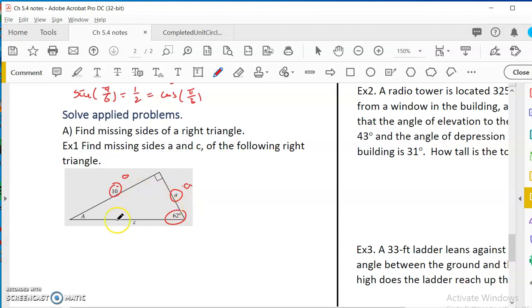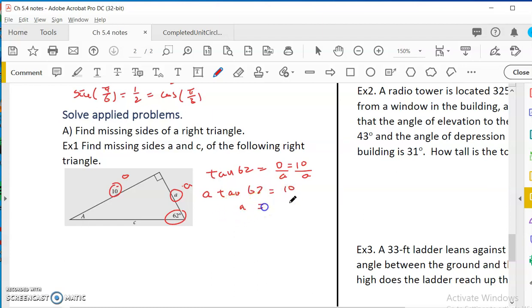So this is A, this one is O. What is OA? It's TOA, right? SOHCAHTOA, TOA. So that means I use tangent. Tangent 62 would equal opposite over adjacent, O over A. A is the missing one. This is equal to 10 over A. So I multiply A on both sides, so I have A tangent 62 equal to 10.